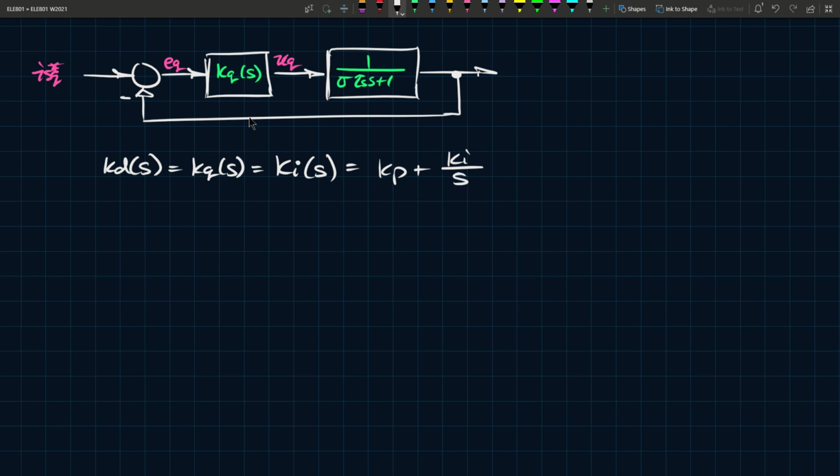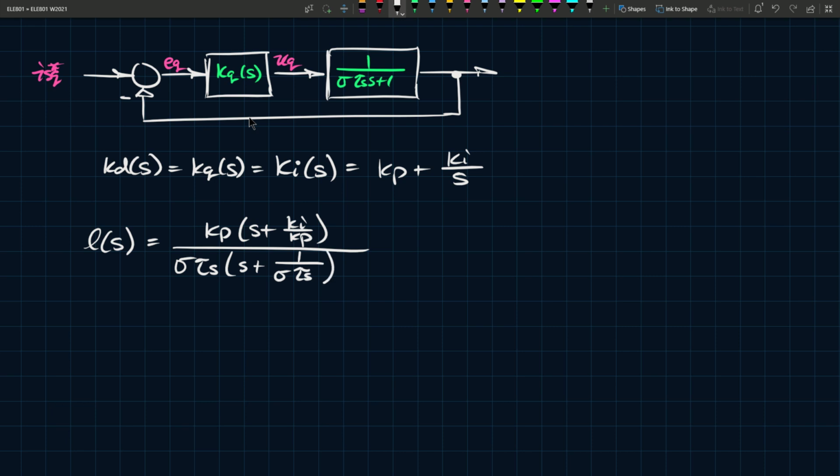Okay, now what we can do is cancel the pole of the plant with the zero of the compensator, which is a very common technique. So the loop gain L(s) is equal to KP times (s plus KI over KP) divided by sigma tau S s, times 1 over (s plus 1 over sigma tau S)... If KI over KP is equal to 1 over sigma tau S, then the loop gain L(s) is equal to (1 over sigma tau S) over KP times s.